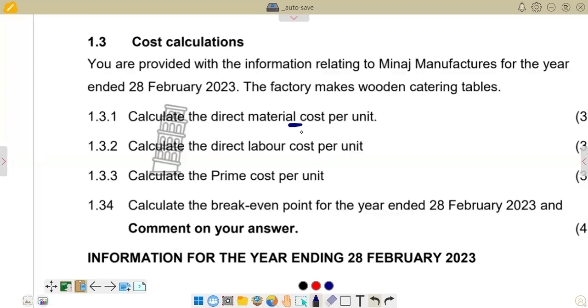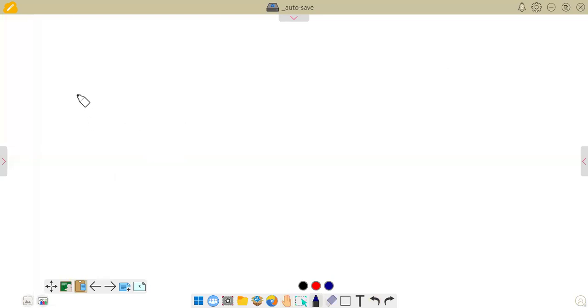It's very important to take down the formula first. Direct material cost per unit equals the total direct material cost divided by the number of units.